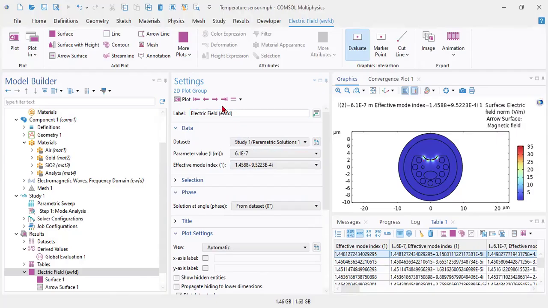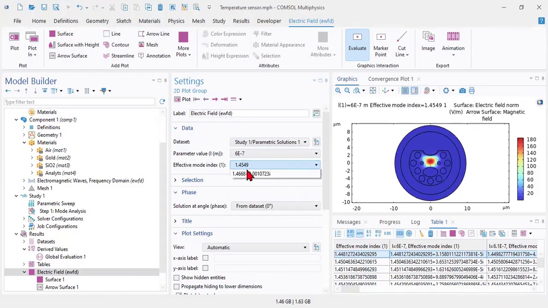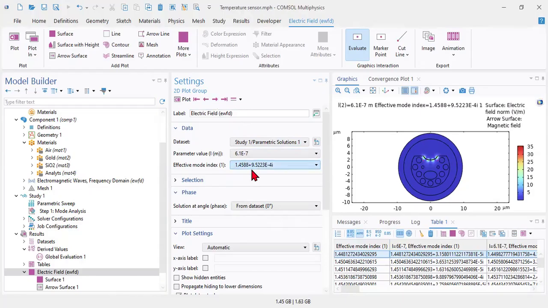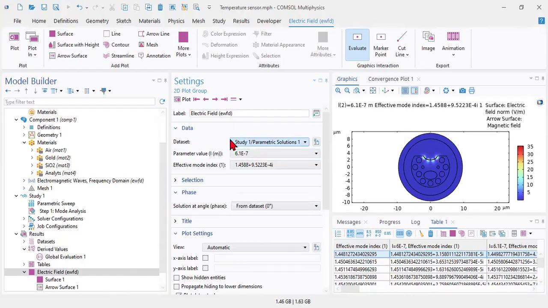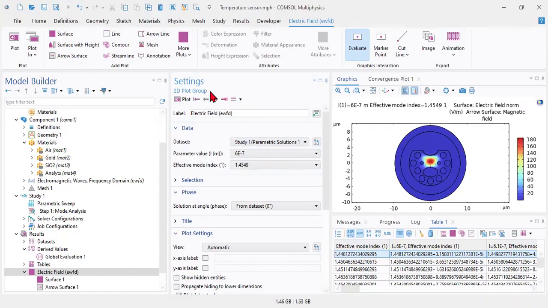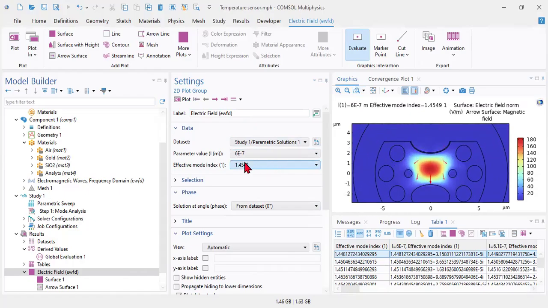Here you can see that the position of the mode from the bottom is 3, and the selected mode from the bottom is 3, but it's changing the wavelength. So for 600 nanometer, our desired mode is at position 3 from the bottom.